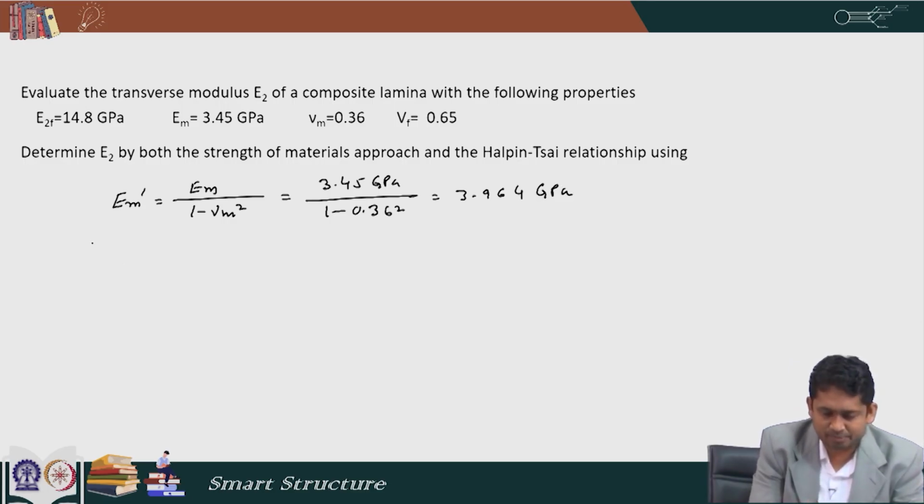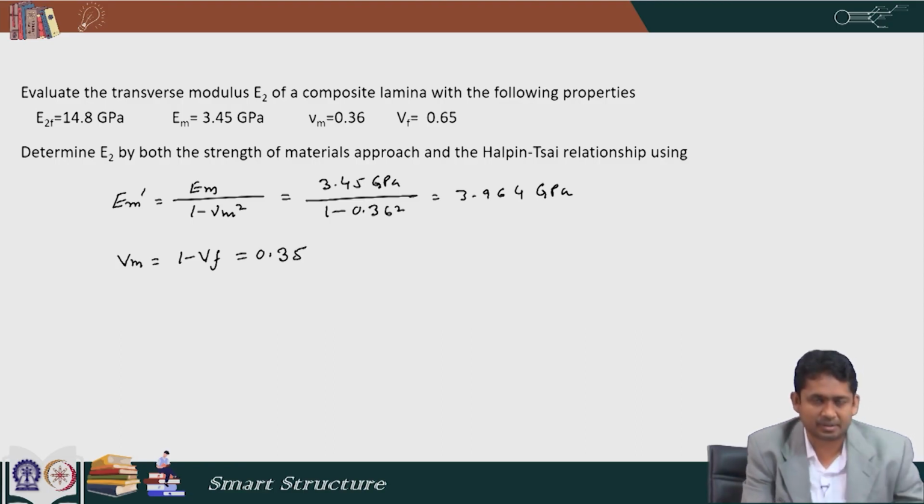And then E2F we can have as it is, and Vf is given to be 0.65. So, Vm is 1 minus Vf, which is 0.35.